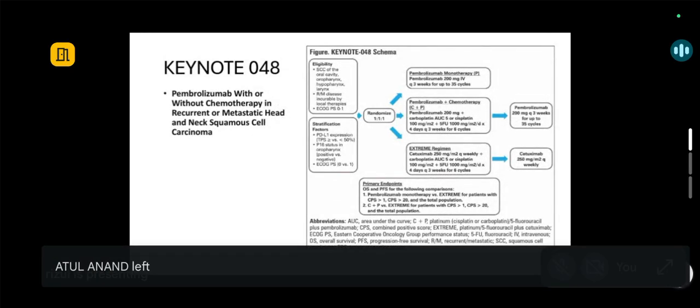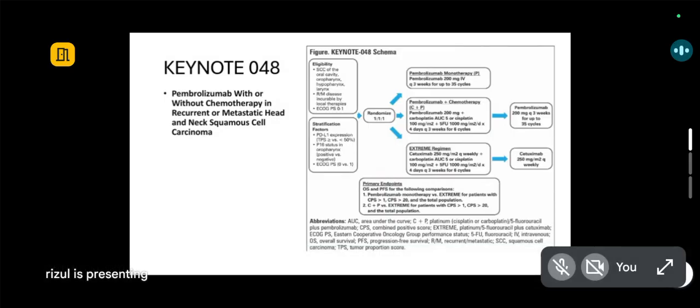Another trial was the Keynote 048 trial of pembrolizumab with or without chemotherapy for recurrent or metastatic head and neck cancers. The main eligibility was disease involving the oral cavity, oropharynx, hypopharynx, or larynx.